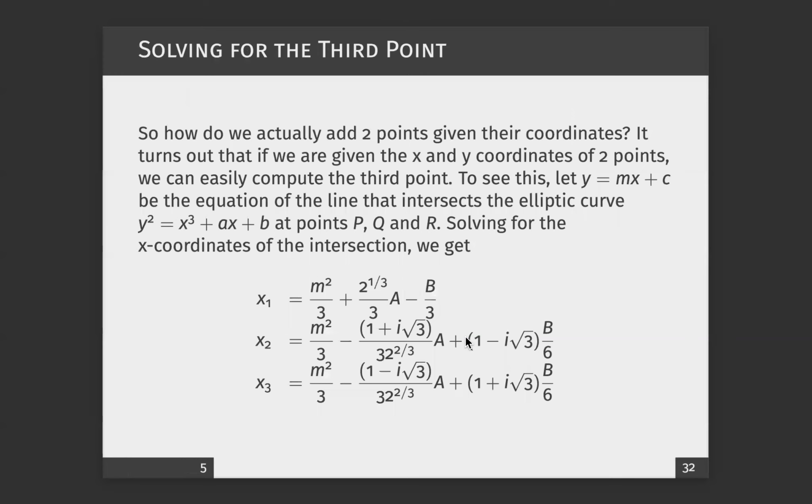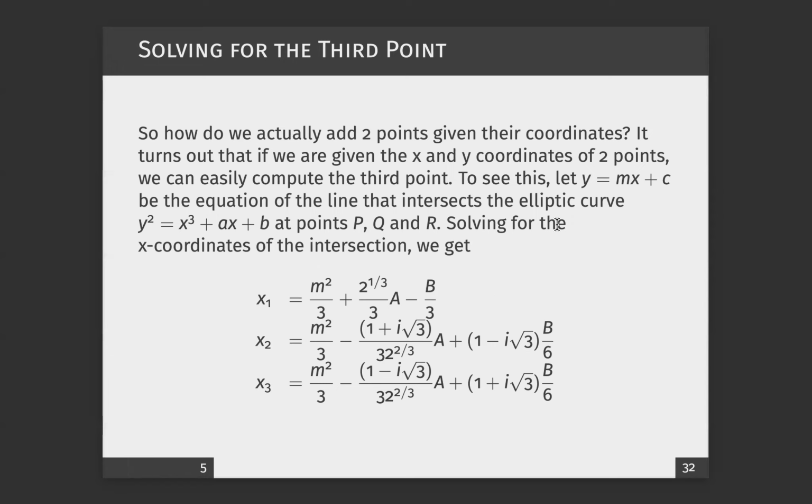Now, how do we actually add 2 points given the coordinates? If we are given the x and y coordinates of the 2 points, the 2 points are connected by a line, right? And the equation of a line in general in a 2-dimensional coordinate system is y equals mx plus c, where m is the slope of the line and c is a constant.